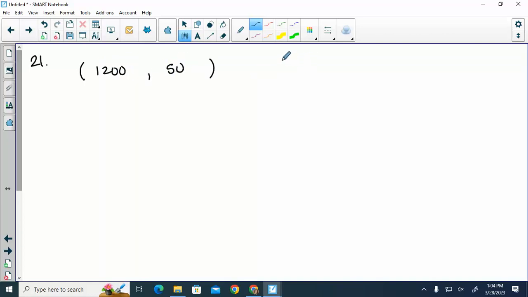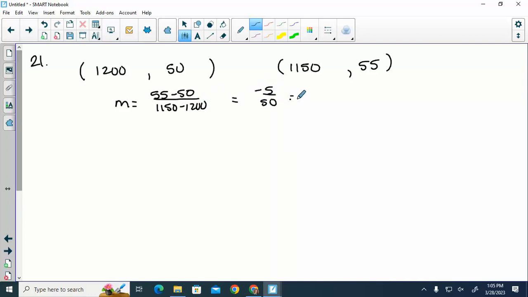If she raises the price $5, so the price is now 55, we lose 50 people. So that's 1,150. So we need to find the equation of this line. So we get a slope of -1/10.